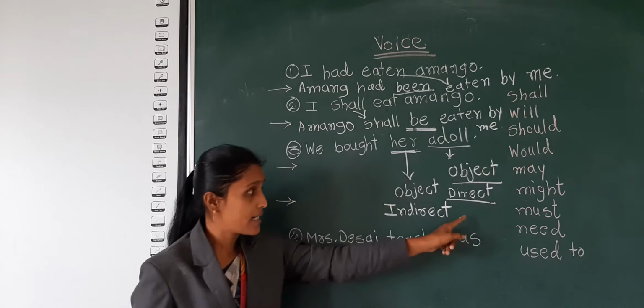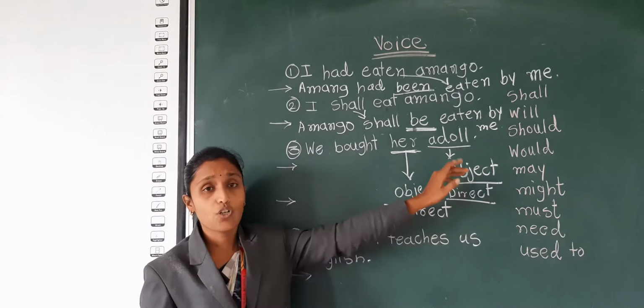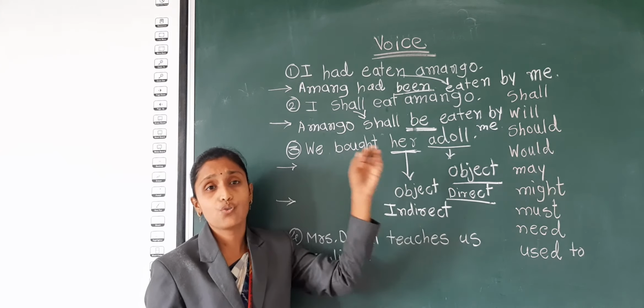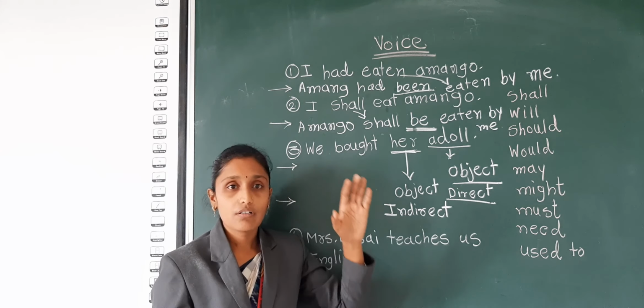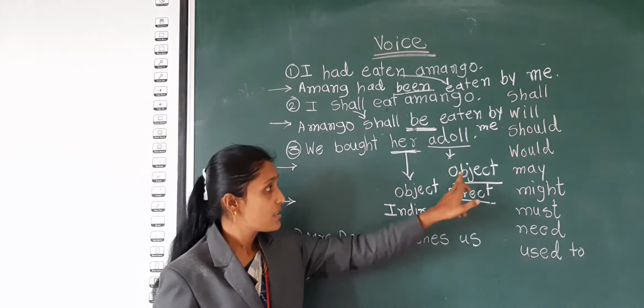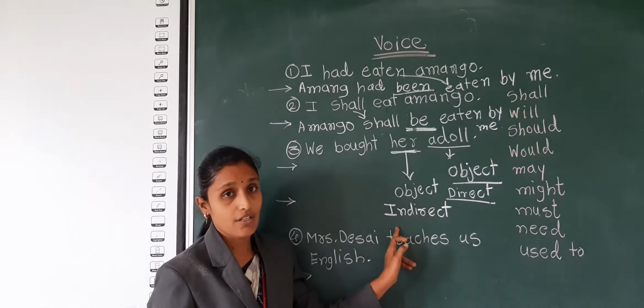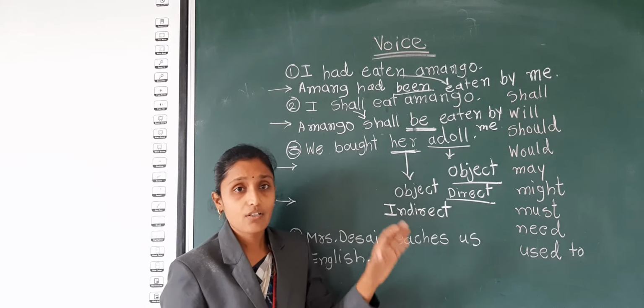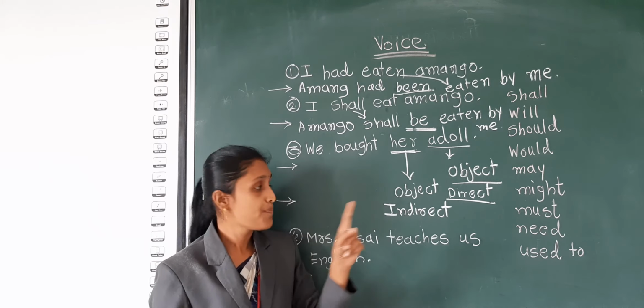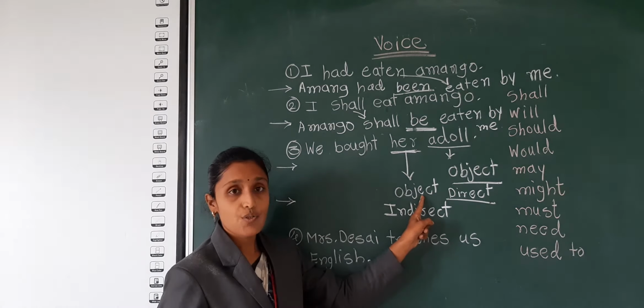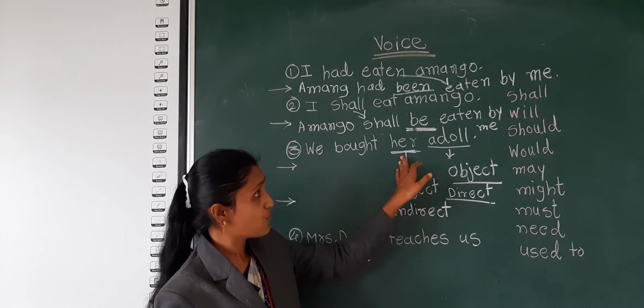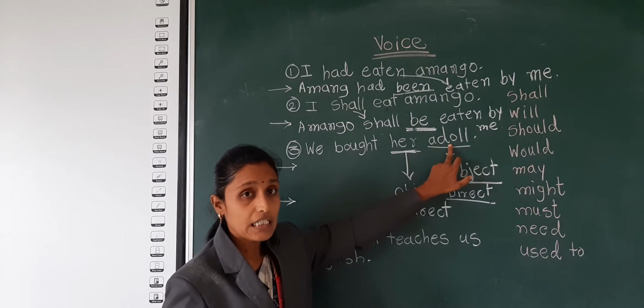The direct object is which thing you give, buy, or return. The indirect object is to whom you are giving, to whom you are writing. That answer is called the indirect object. In this way you can find which is indirect and which is direct.